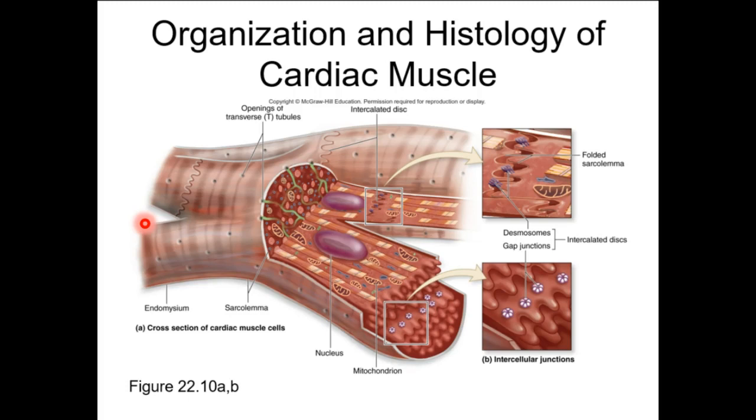It allows for ions to pass through. Ions are electrical. Ions are positive or negative atoms, right? Which means that that electrical impulse will be carried through every single intercalated disc between every single connected branched cell. So everything along your heart will be connected except where insulated by that fibrous skeleton.